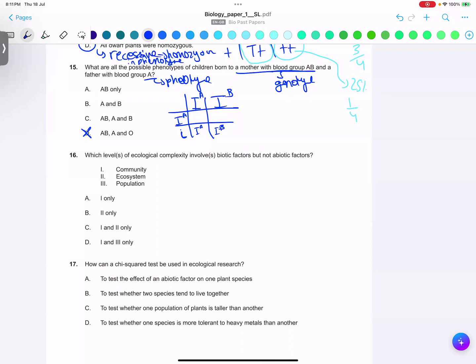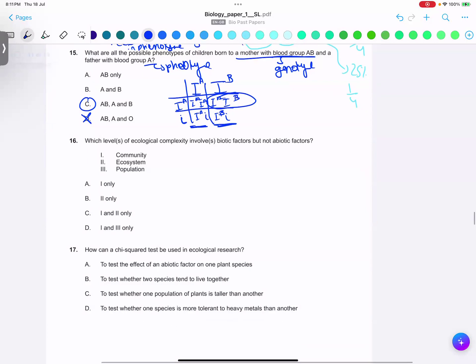So we have IA, IB, IA, IA, whatever. So it can be A, it can be B, it can be AB as well. Our answer is C. Okay, so I'm going to begin going just a bit faster.